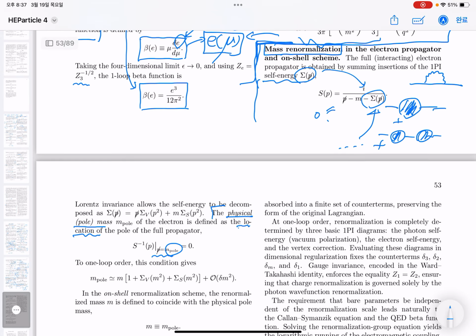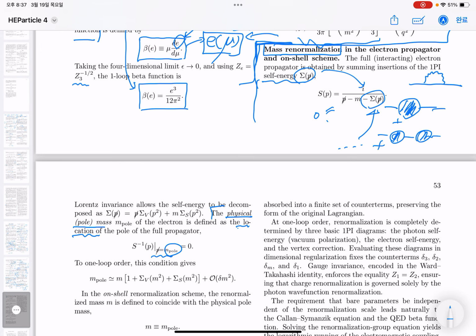At the one-loop order, it is just the same as p-slash minus m minus Sigma equal to 0, and poles are determined in the following form.